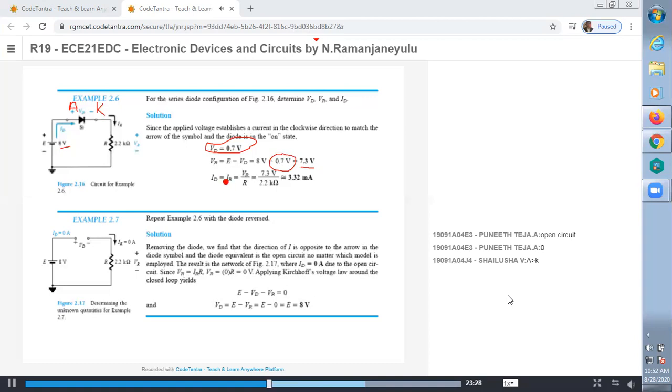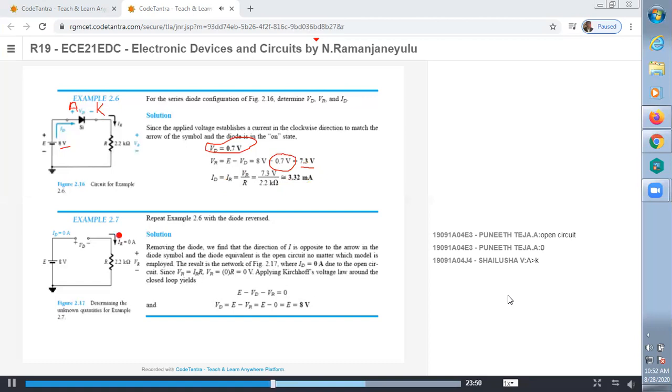Once you know the VR, what is the current? ID current is equal to VR by R. So 7.3 by 2.2K, that is equal to 3.3 milliamperes. Like that, you will find the load current or voltage across the resistor, right?